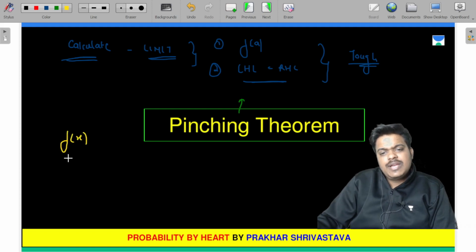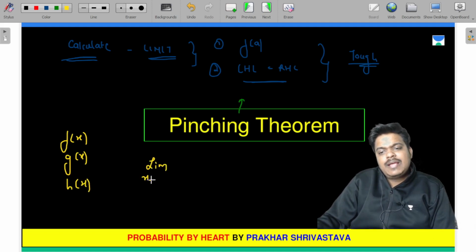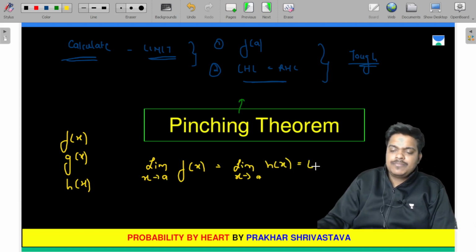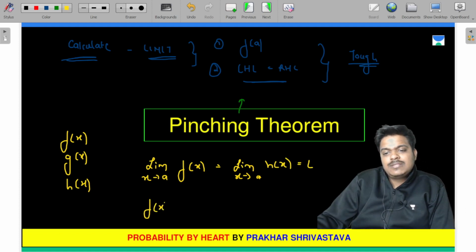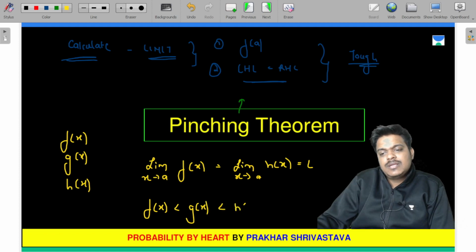Suppose there are functions f of x, g of x and h of x. We know limit x tends to a, f of x is equal to limit x tends to a, h of x is equal to L. And we also know that f of x is less than g of x is less than h of x.